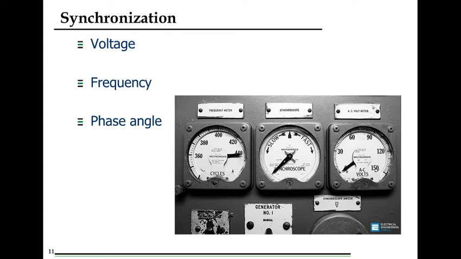So while synchronizing our generator to grid, the frequency of the generator needs to be slightly higher than that of the grid, which will decide the flow of active power from generator to grid, or in other words, this will decide whether our generator will function as a generator or not. So frequency is a very important factor in this.